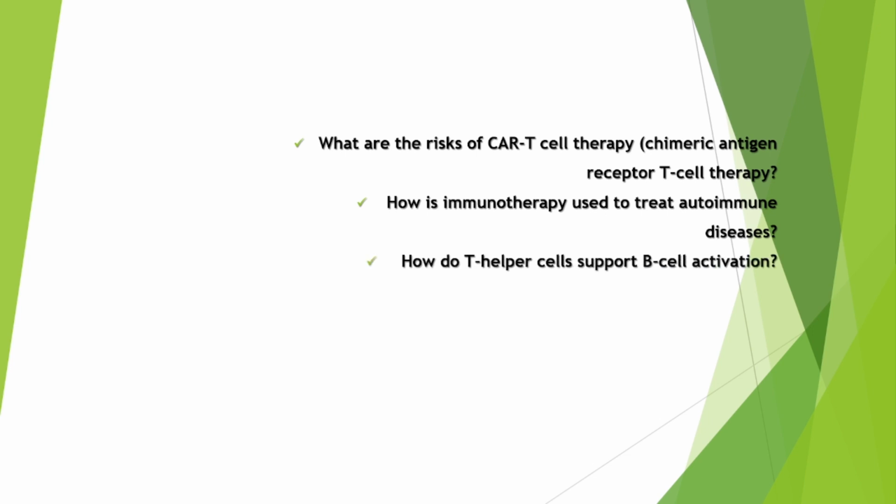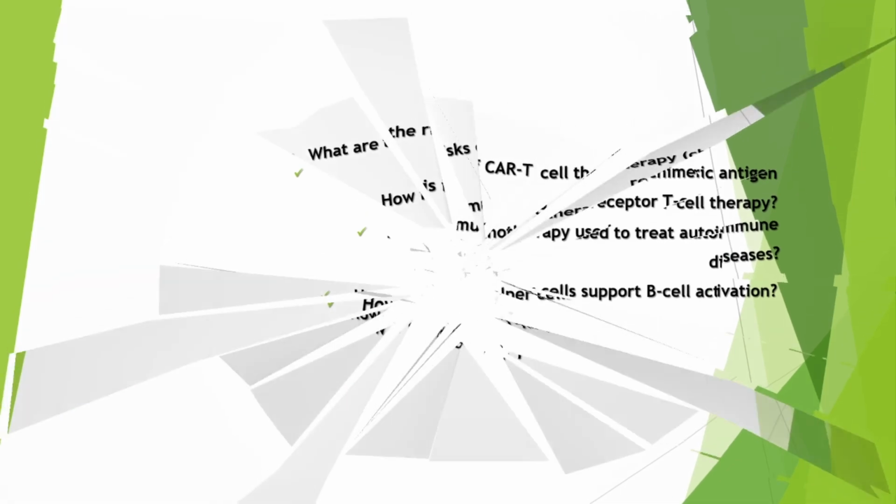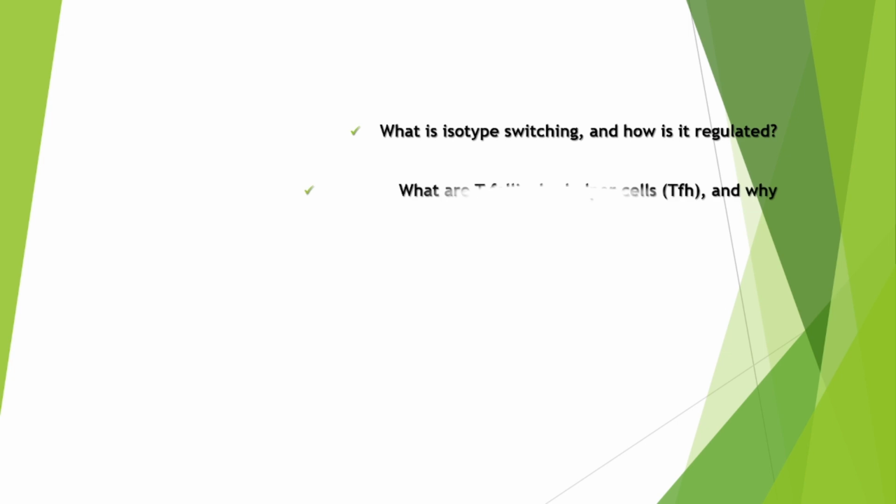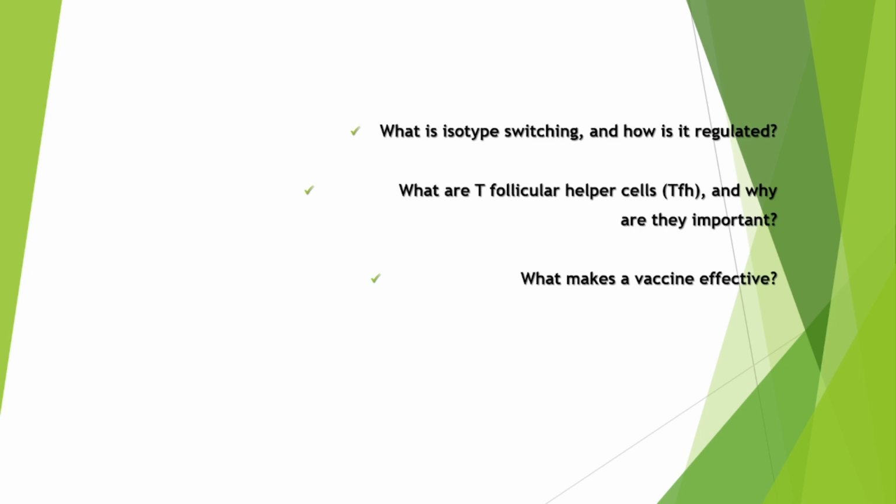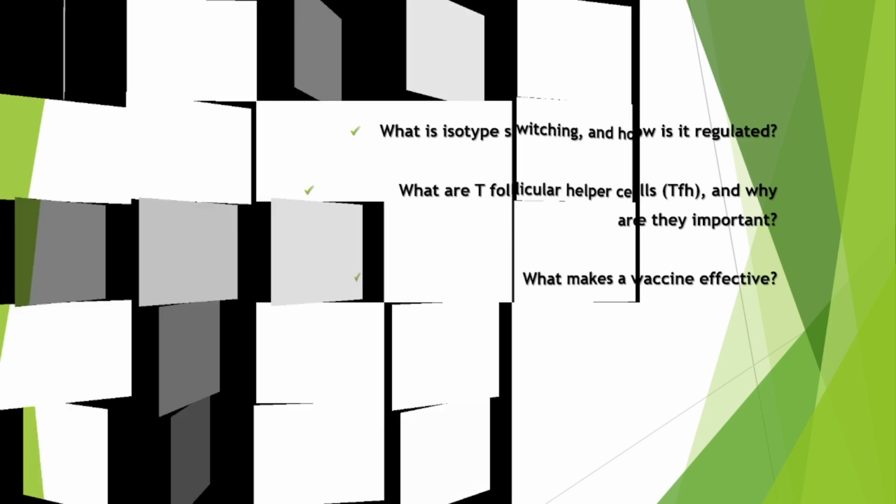The third question is, how do T helper cells support B cell activation? The fourth question is, what is isotype switching and how is it regulated? Fifth is, what are T follicular helper cells and why are they important? Last question is, what makes a vaccine effective?